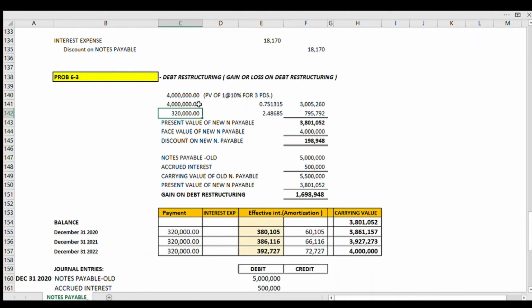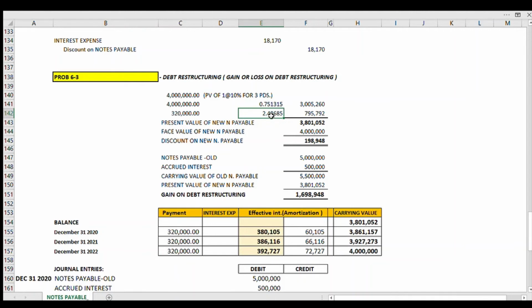And we will also account for the new interest expense. Ang ating bagong interest expense based doon sa ating bagong notes payable ay 320,000. So, paano nakuha yan? That is 8% of 4 million. Yun na yung bagong interest rate. 8% times 4 million, that is 320,000 multiplied by the present value of annuity at the old rate again.